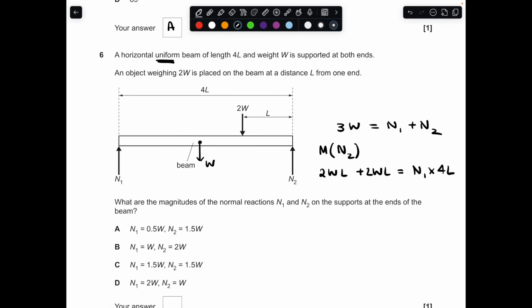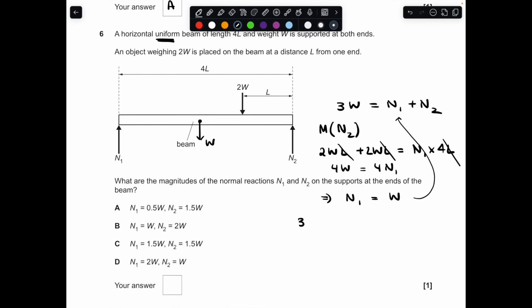And if I just cancel all the L's out, then I can say that 4W is equal to 4N1, or simply N1 is equal to W. And if I use this in my equation above, I can then say that 3W is equal to W plus N2, and then N2 is therefore 2W. So that means B is the answer.